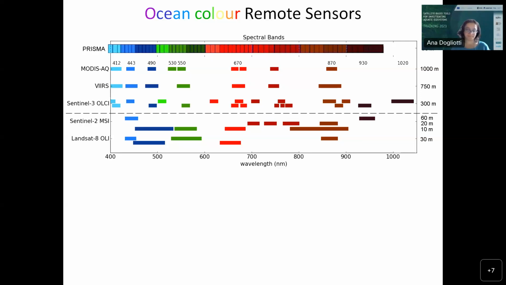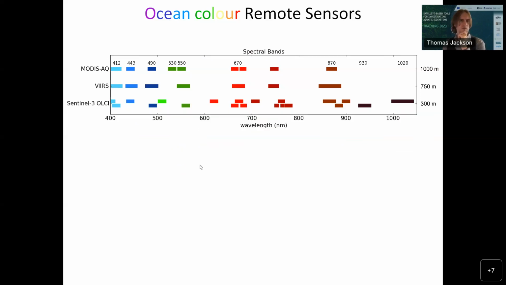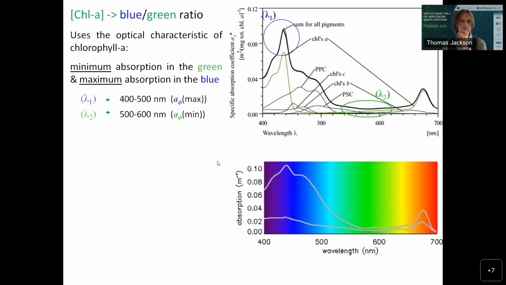And there was a question around chlorophyll A as a product, and whether it also covers other chlorophylls, because we have chlorophyll B and chlorophyll C within this list of pigments. So I was just wondering if you could expand a little on the difference between the chlorophyll pigments and what we're actually detecting when we use these algorithms.